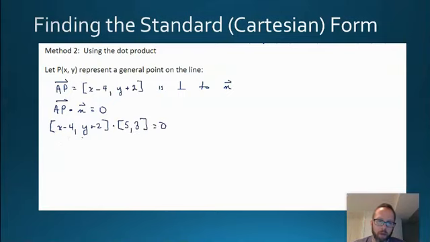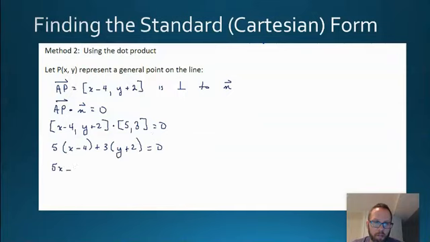And let's do this. If we do the dot product, we get 5 times x minus 4 plus 3 times y plus 2 equals 0. 5x minus 20 plus 3y plus 6 equals 0. And we get 5x plus 3y minus 20 plus 6 equals negative 14.